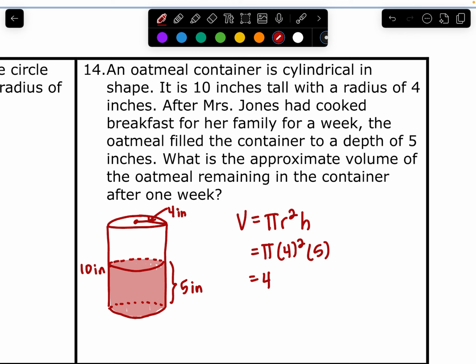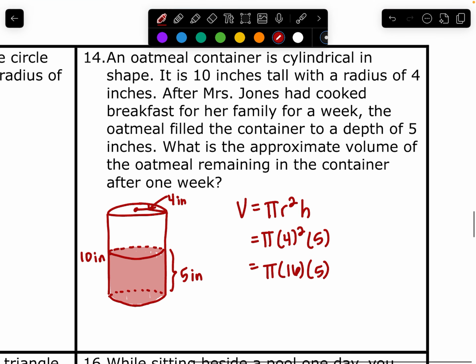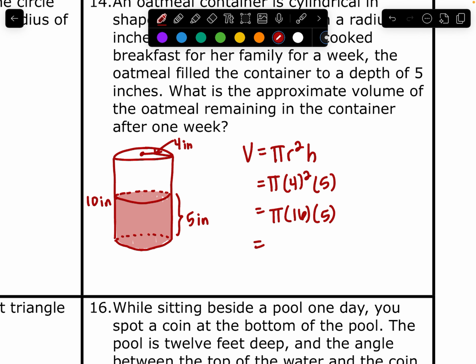Let's see, that's pi times 16 times 5. 16 times 5 is 80. That's 80 pi. All right, so we could leave it like that. It did say approximate. Oh, wait, hold up, I missed something. No, I did not.